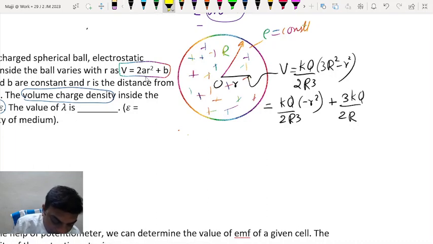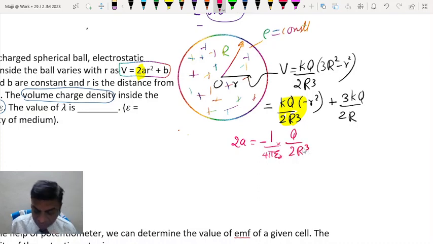As you can see, 2A is the coefficient of r square. So what is the coefficient of r square? That will be 2A. So 2A will be equal to minus k, where k is 1 by 4 pi epsilon 0, into Q upon 2R cube.